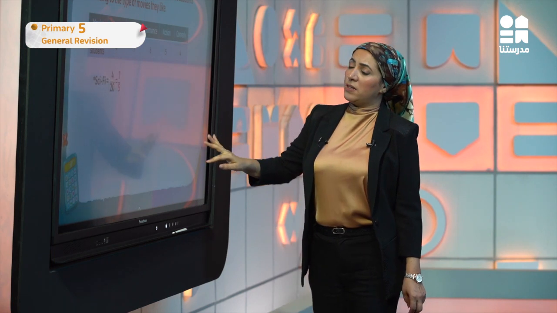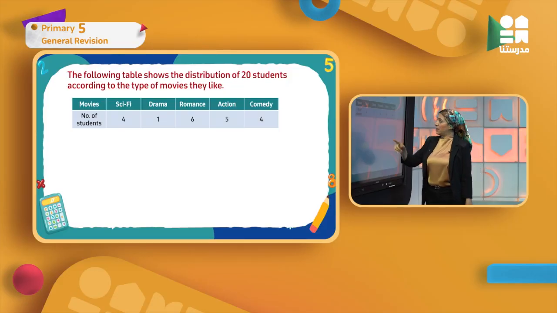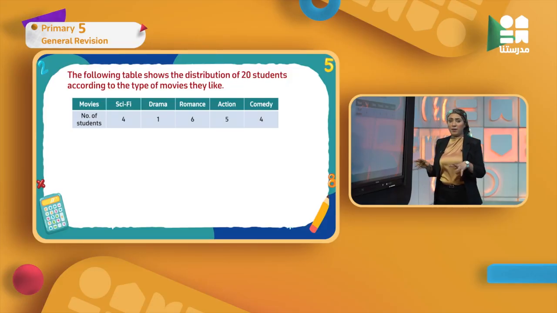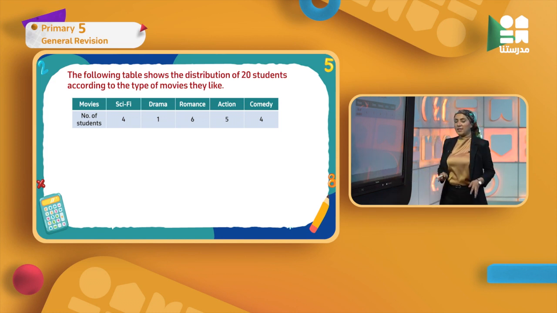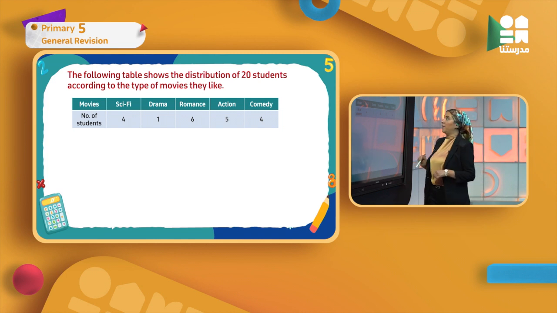Okay, here we have this table, and we want to get the percentage of the people who like every type of these movies. The first type is sci-fi. Before I answer this question, there's a very important thing that I need to highlight here.